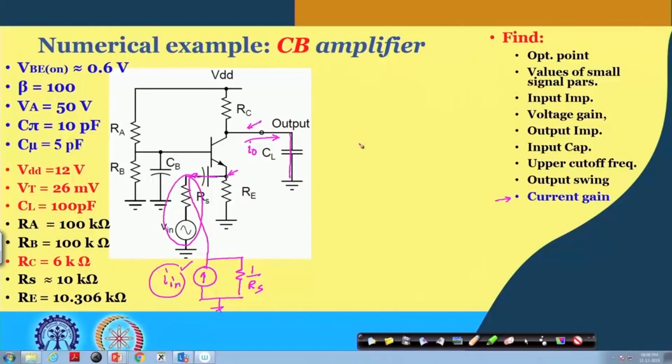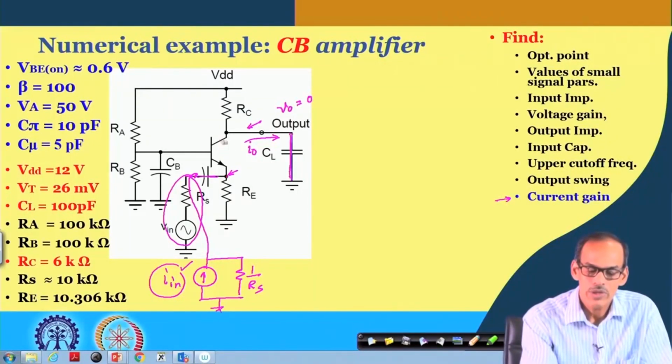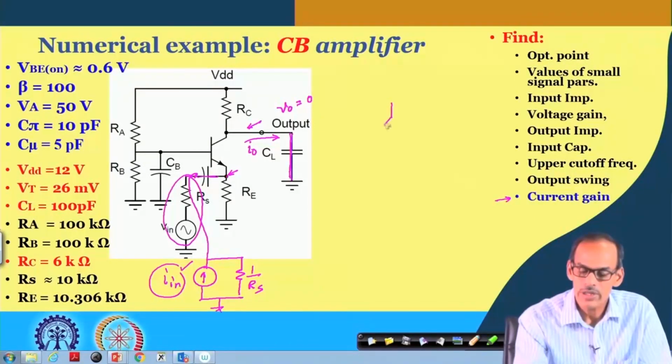If we are shorting this node here, that means the corresponding VO equals 0.